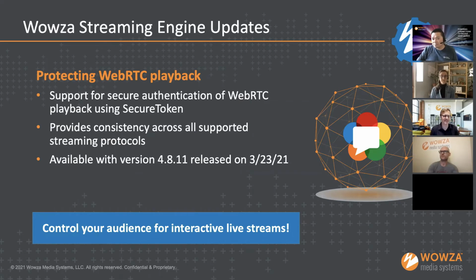This has been a big ask as a lot of you have adopted and are leveraging WebRTC. And now you're able to then add that protection to once again ensure that only people who should be accessing that link and therefore have that hashed token are actually able to get access.